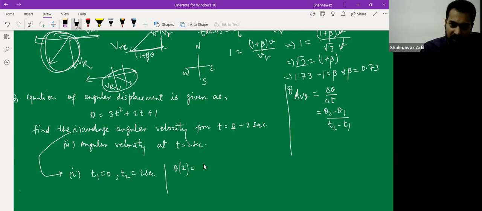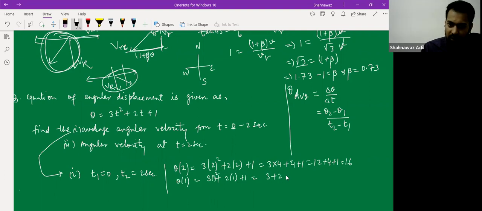Theta 2 is 3 times 2 squared plus 2 plus 1, which is 16, and theta 1 is 6.